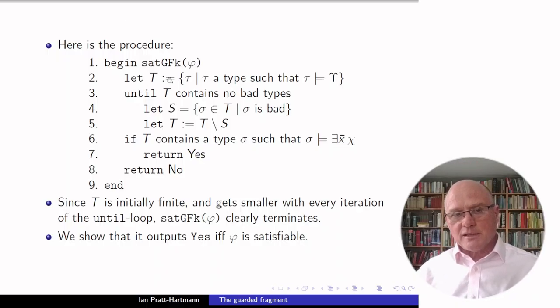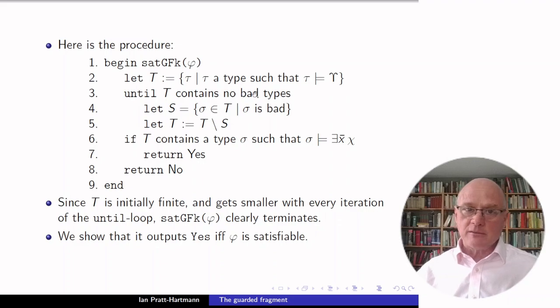And we set T to be the set of types of appropriate arity satisfying the universal constraints. And until it contains no bad types, find the bad types, chuck them out. So T is now T minus all the bad types, and you just keep going.